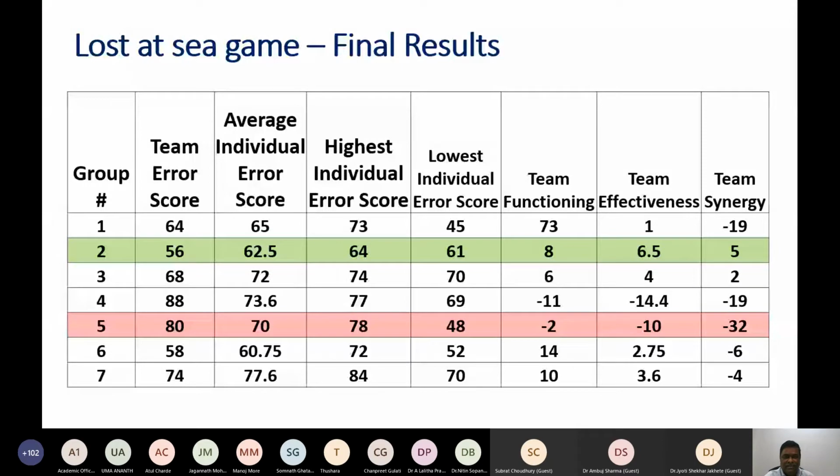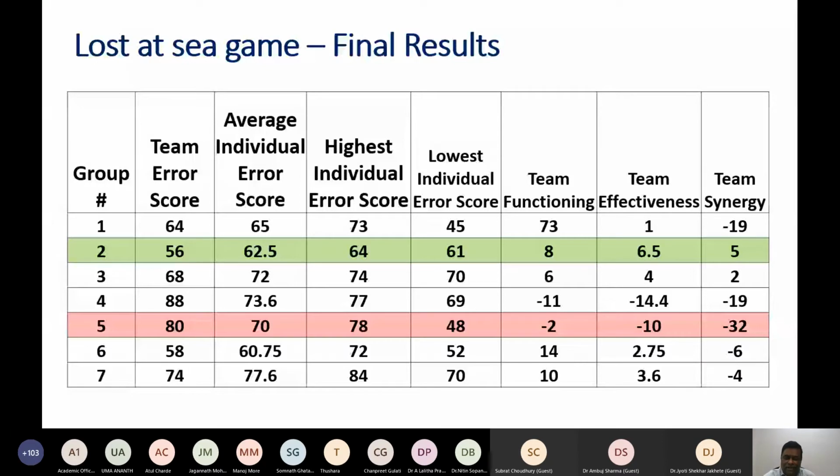That score will also be there. And the lowest individual error score, the person who thought almost close to the expert's logic. Based on these, I will calculate the last 3 columns: team functioning, team effectiveness, and team synergy, right? So it's again the difference between these two. I'll explain. Here, the winner of this game happens to be group 2, because team synergy is 5.